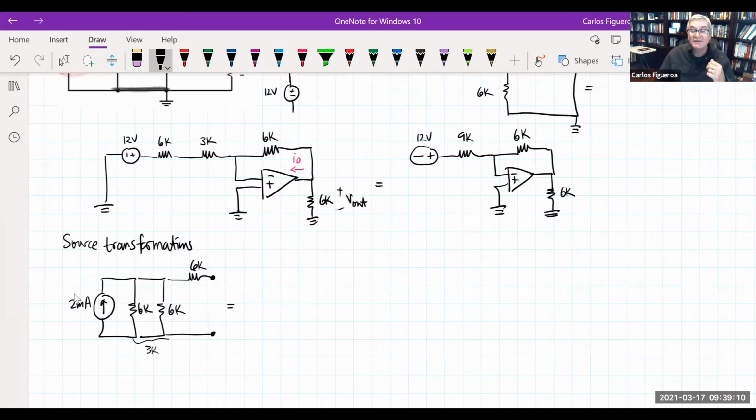Okay, do I have a mistake here? Where's my mistake if I try to do a source transformation on this? Because I'm getting a voltage that's going to be 3K times that, I'm going to get a 6 volt, which is then going to give me a 3K and a 6K.